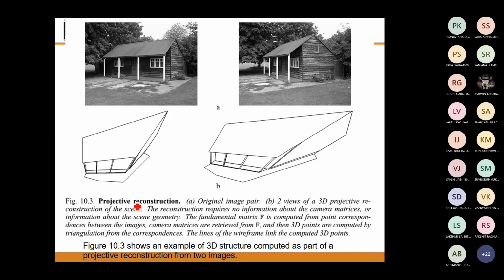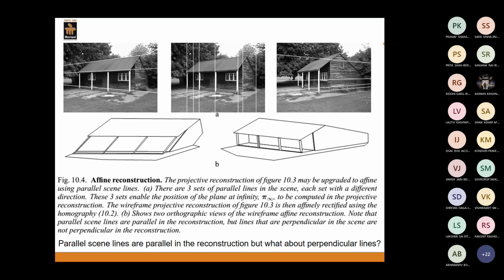But when you go with an affine reconstruction, the parallelism is preserved. That is, if in the 3D scene you have two lines which are parallel to each other, then in the reconstructed image, in the affine space, those parallel lines also remain parallel.